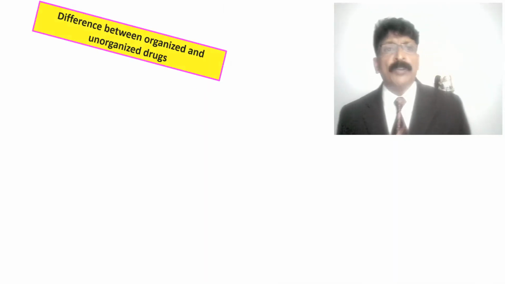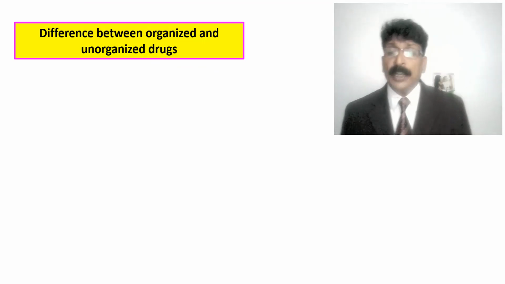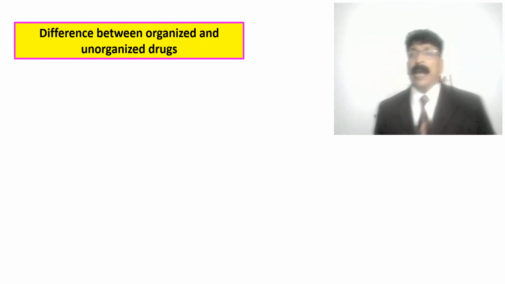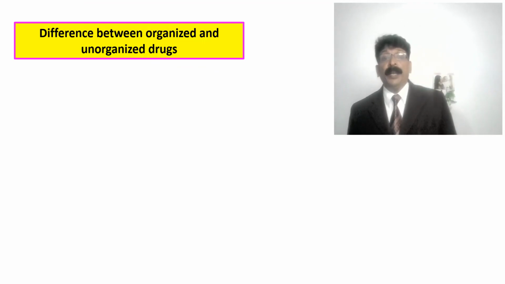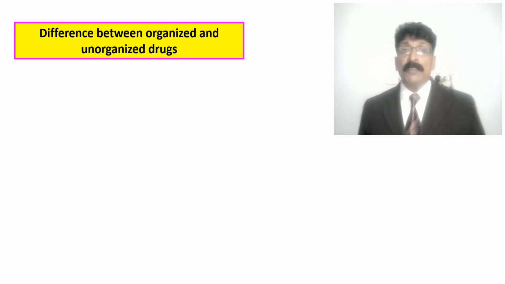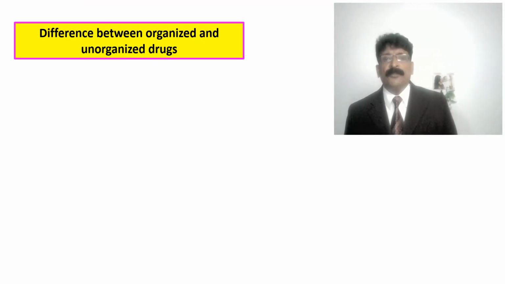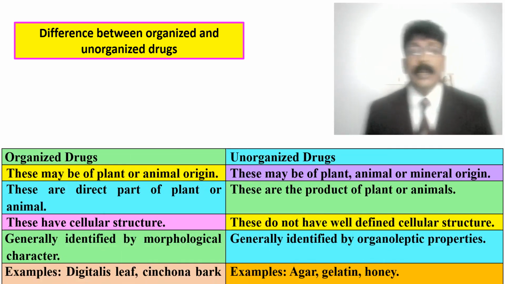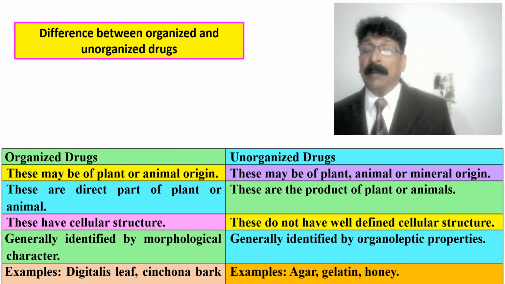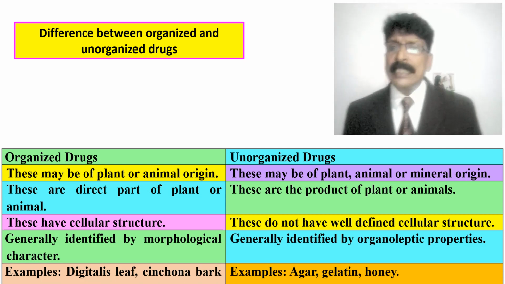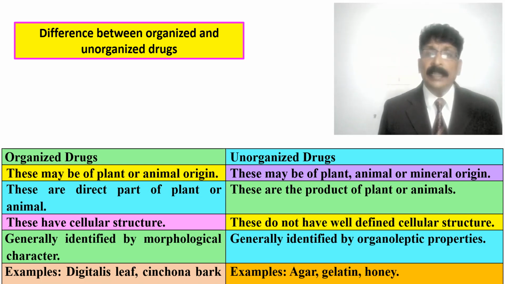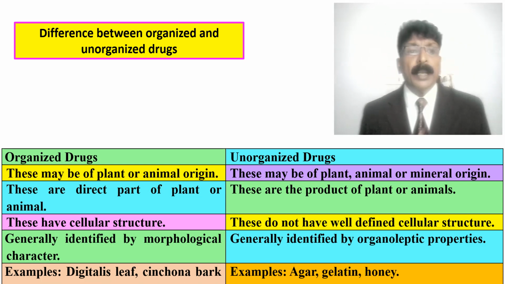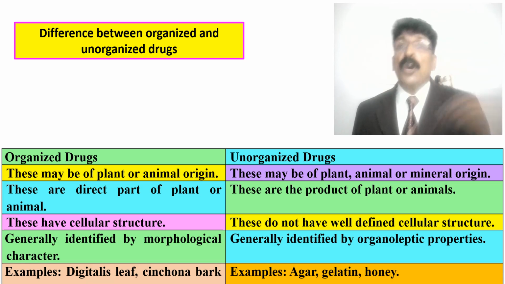So when we ask a 5-mark question, the student should have the capacity to differentiate between organized drug and unorganized drug. We have seen from their definition itself, there are lots of differences in their appearance. Examples can be given. Organized drugs may be of plant or animal origin.